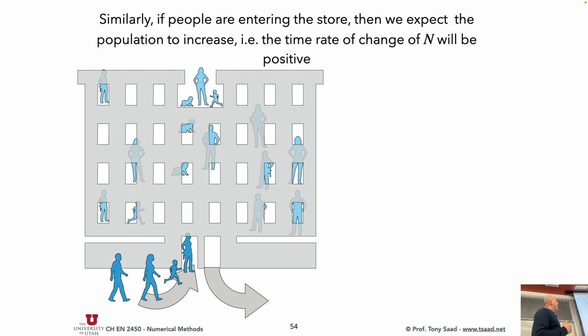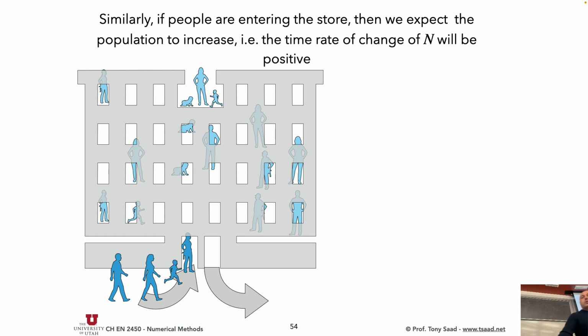Similarly, if people are entering the store, then we expect the population to increase in the store. That is, the time rate of change of n will be positive. Now, there's one important thing to consider: is the right-hand side going to be a positive number or a negative number? If it's a positive number, it means things are increasing. If it's a negative number, it means things are decreasing.